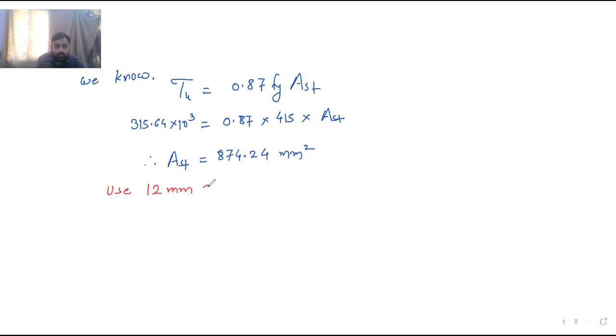So now again use 12 mm diameter bars. We will calculate the number of bars first. Number of bars is equal to area of steel divided by area of single bar.